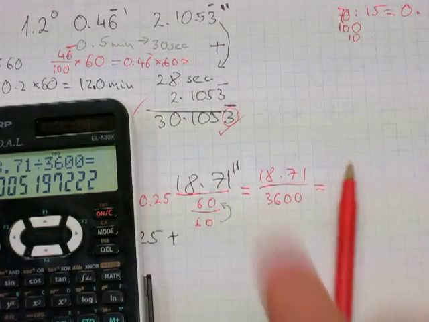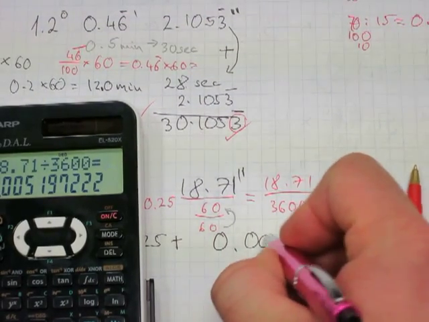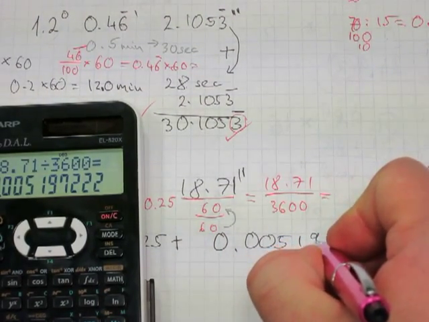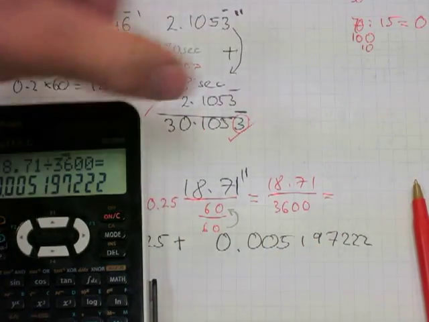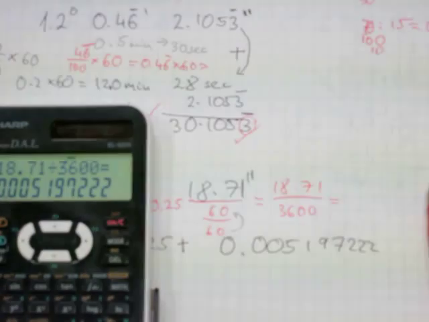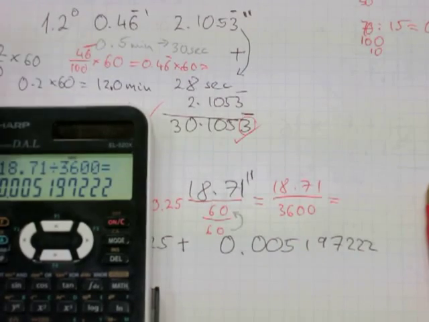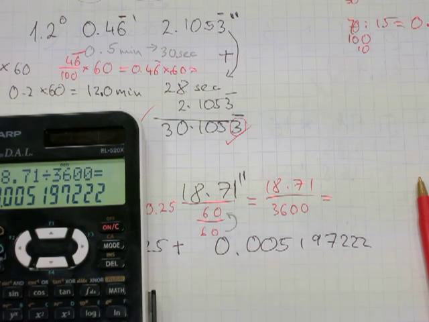That number is part of the final answer and must be written down here. 0.00519722. 18.71 seconds is that part of a degree. It's a small part. Let's round it to 5,000ths of a degree.